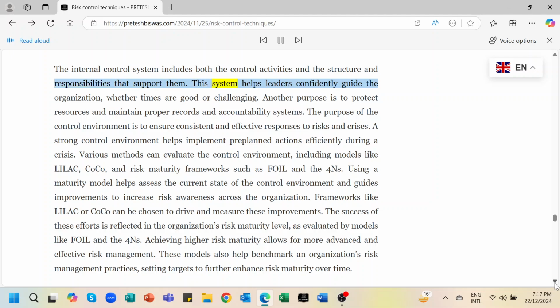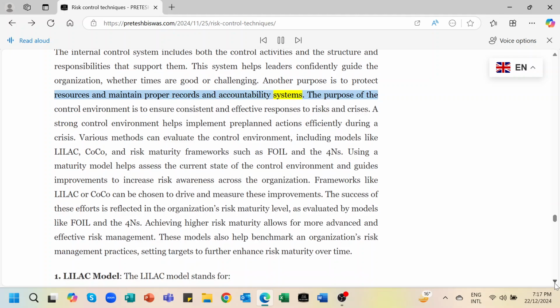This system helps leaders confidently guide the organization, whether times are good or challenging. Another purpose is to protect resources and maintain proper records and accountability systems. The purpose of the control environment is to ensure consistent and effective responses to risks and crises. A strong control environment helps implement pre-planned actions efficiently during a crisis.